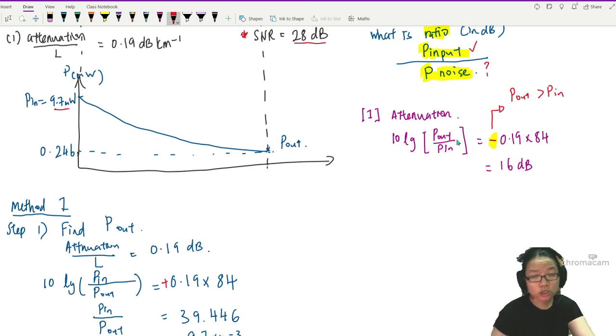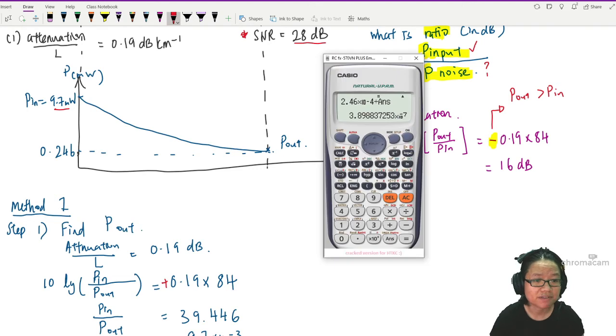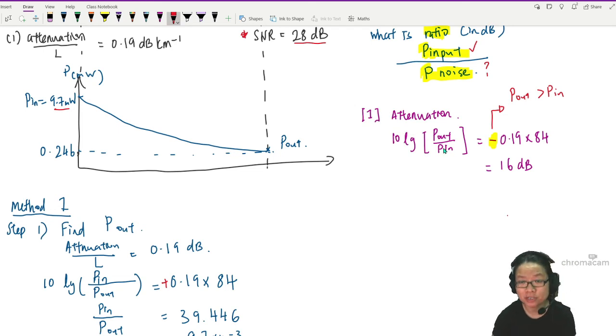The smaller one is on top, then it's negative. Okay, you go and press log and see. If let's say I log 0.999, I'll get a negative number. See? If I log, the ratio is more than 1, I'll get a positive number. Okay, so it depends on the ratio. Anyway, this will be negative 16 decibel. Alright, keep that in mind.